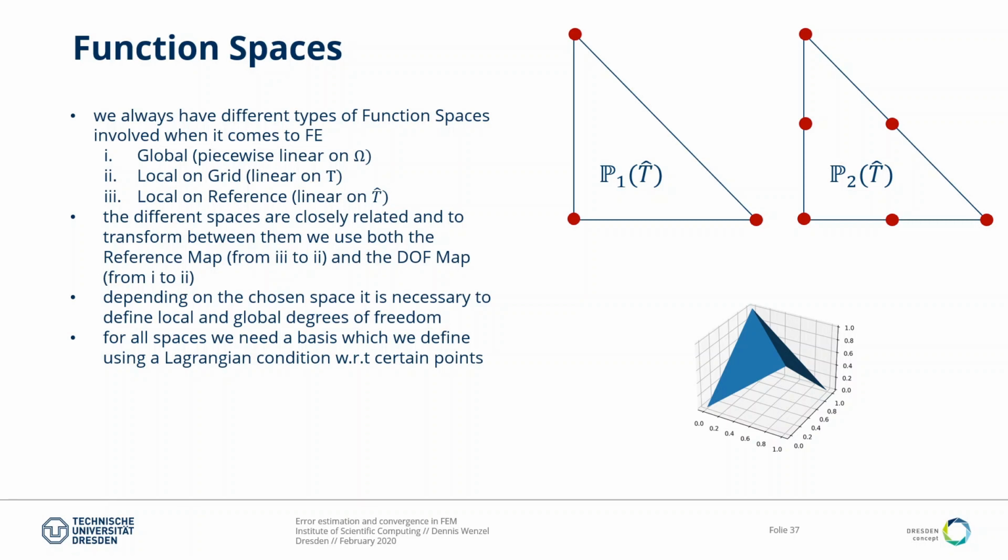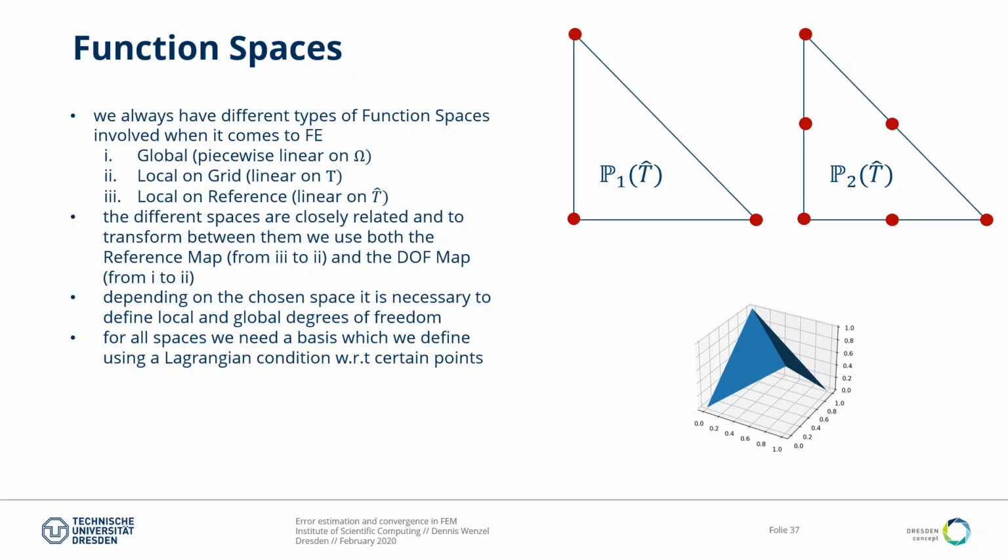Then we have also talked about degrees of freedom. We have seen that depending on the polynomial degree, you need to choose a different type of set of degrees of freedom locally on your reference triangle. This translates to local degrees of freedom on your actual domain, and then also some global ones.